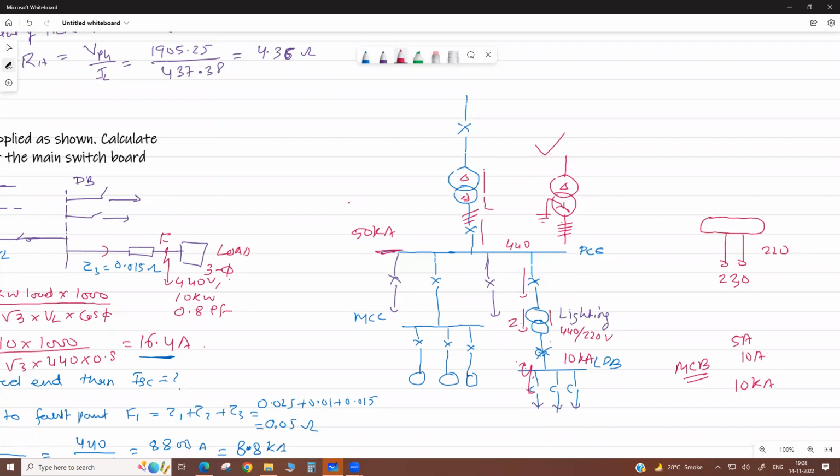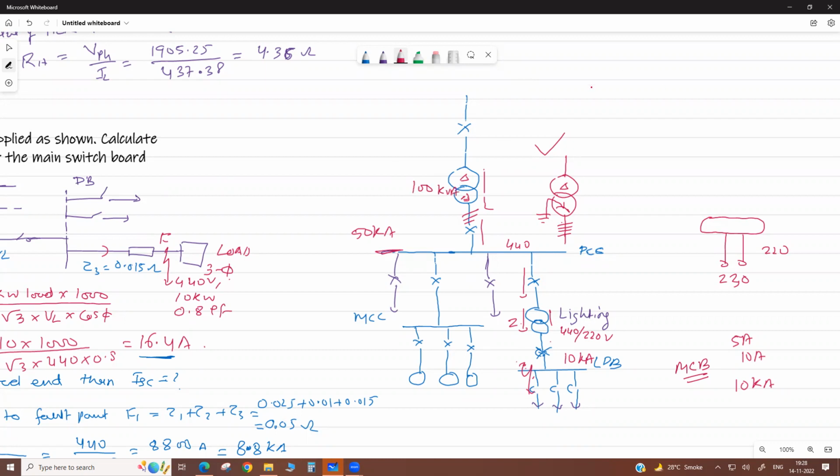And here we generally use a base kVA. So generally we take, say, a 100 kVA transformer.